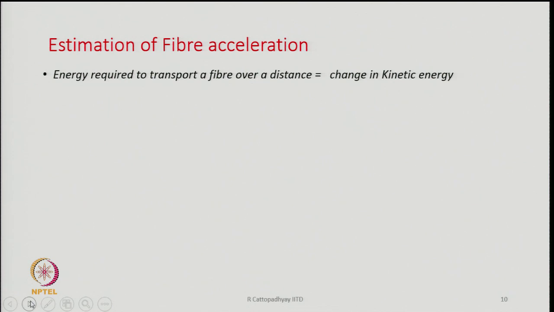So, the mass we can find out. Now, what is the acceleration of the fibers? First of all, the energy required to transport a fiber over a distance is basically the change of kinetic energy. That means m into A into S is equal to half m (V2 square minus V1 square), because the speed is changing from V1 to V2.